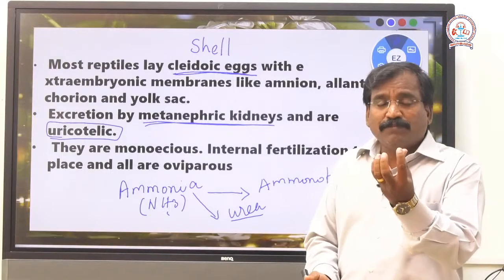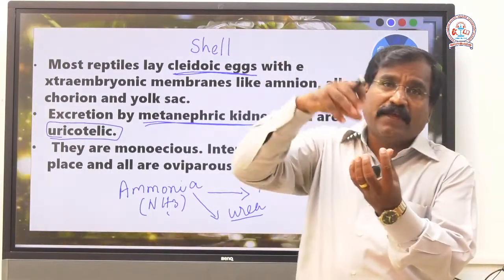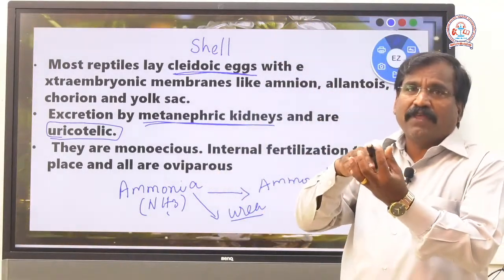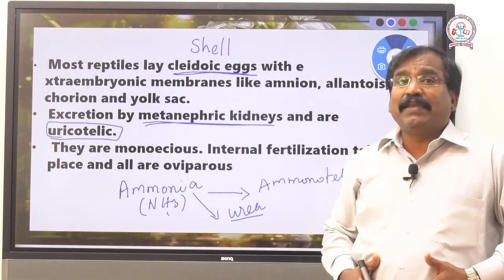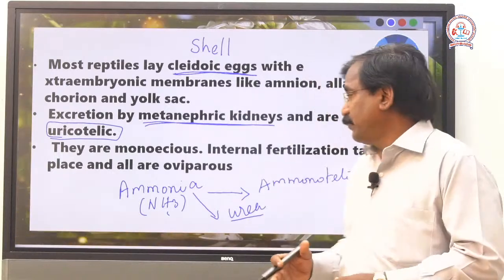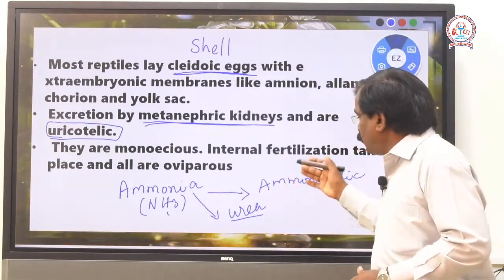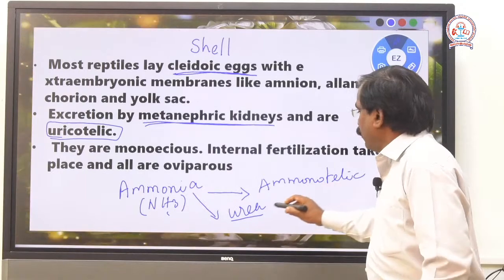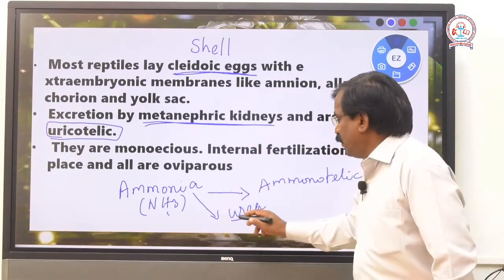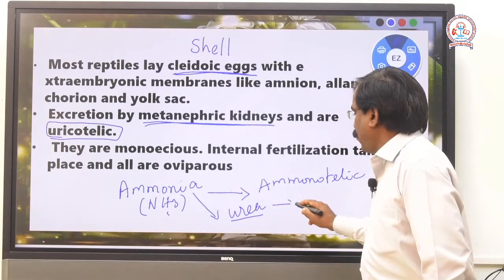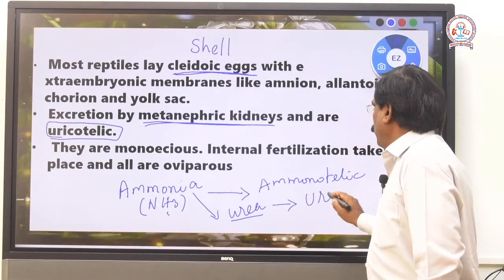With a little amount of water, more urea can be dissolved and safely stored in the urinary bladder. Nothing will happen, it is less toxic than ammonia. So in terrestrial organisms, ammonia is converted into urea and excreted as urea, that is ureotelic.